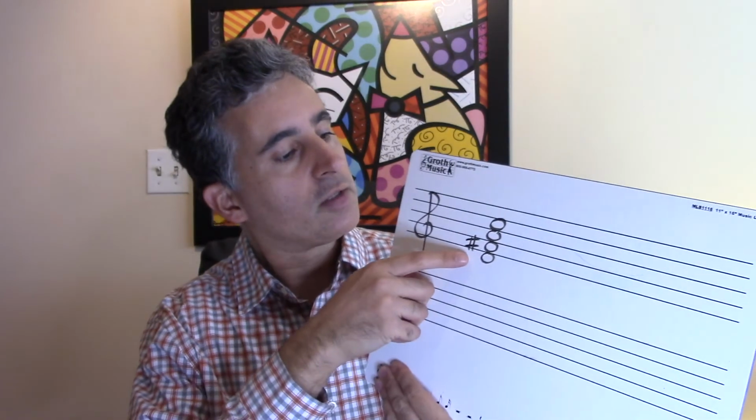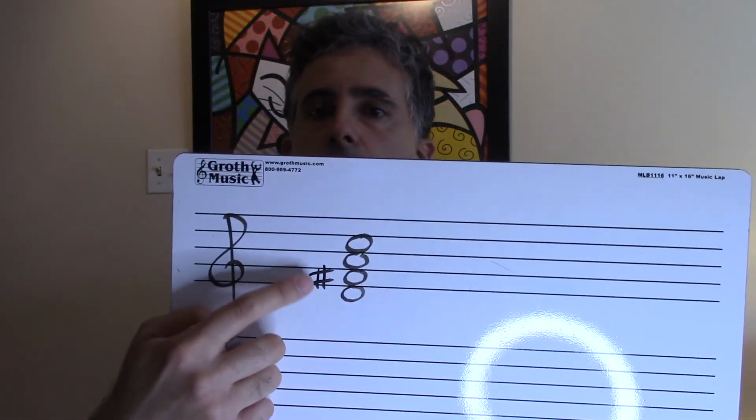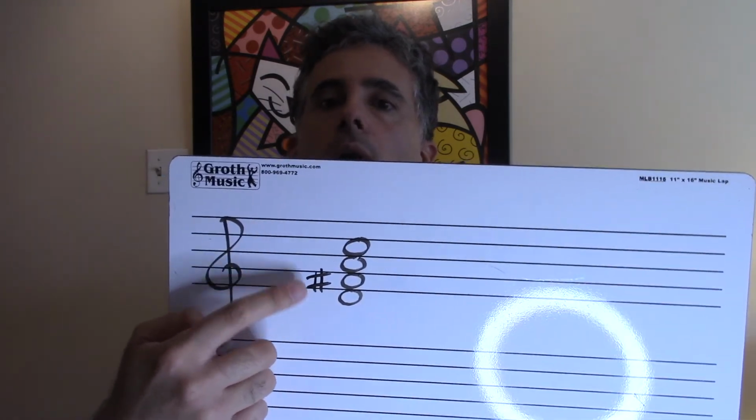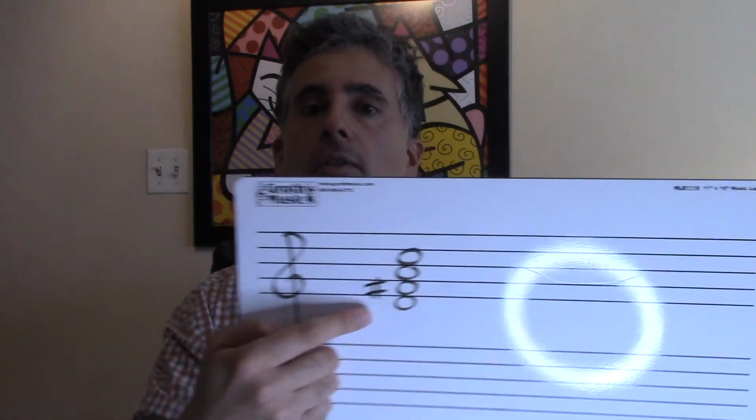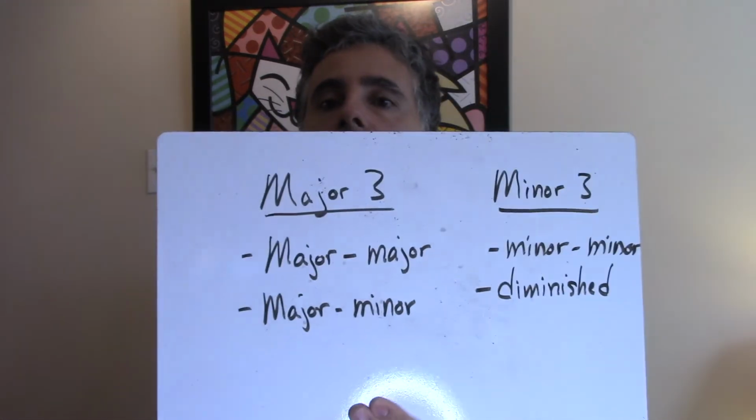The second hint is take a look at the first interval. So if you take a look at this 7th chord that I have here, try to identify right away if this is a major third or a minor third. If you can identify that, that immediately puts the 7th chords into two categories.